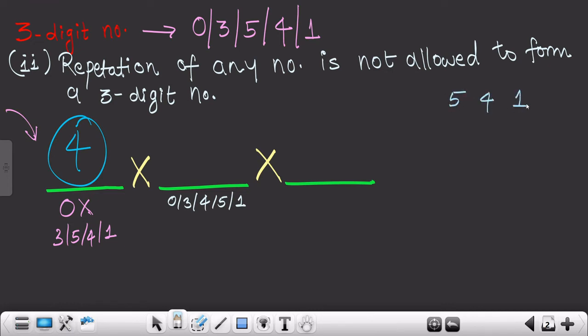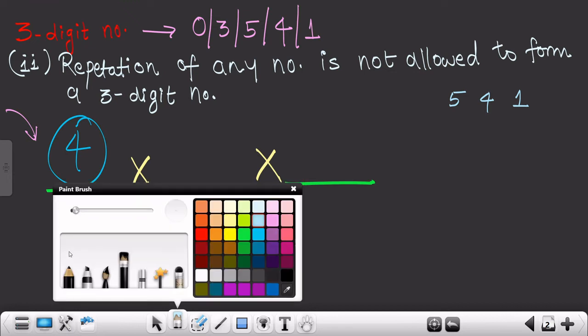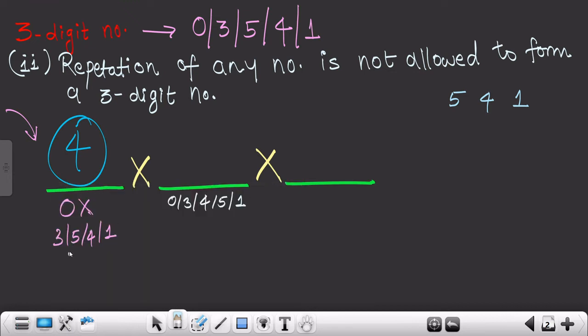Obviously 0 is not going to come in the hundreds place. So let's suppose in the hundreds place we filled 5.